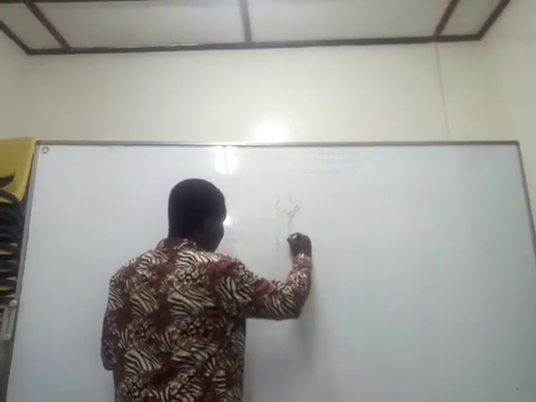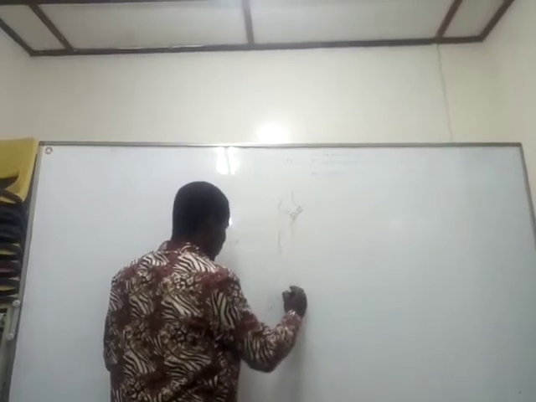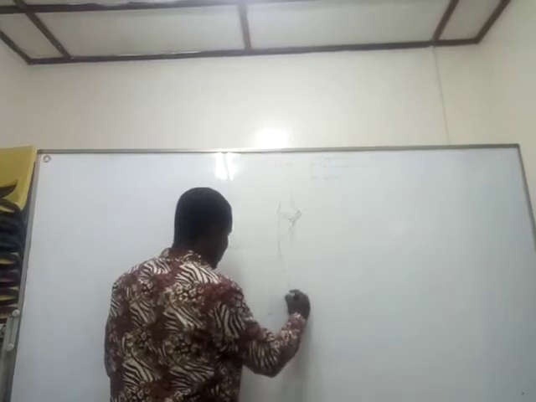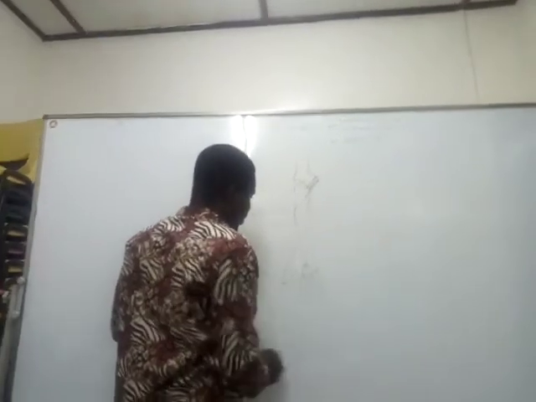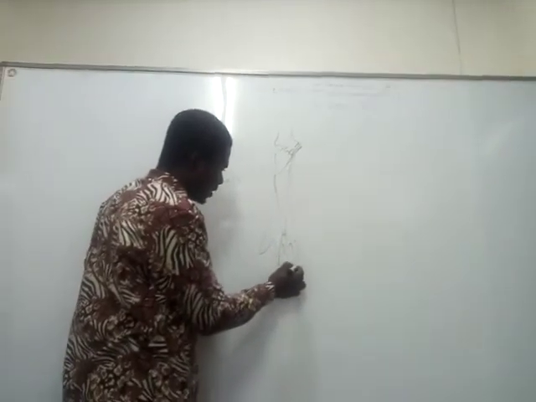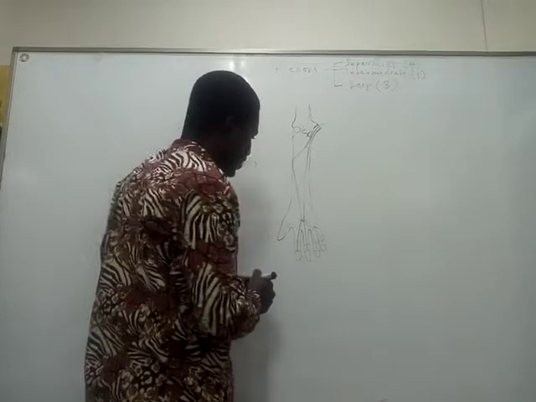And what happens is that this muscle goes distally, and then gives off these tendons. But one thing we know is that these fingers are going to have 3 phalanges each.